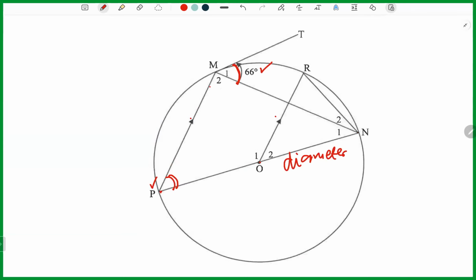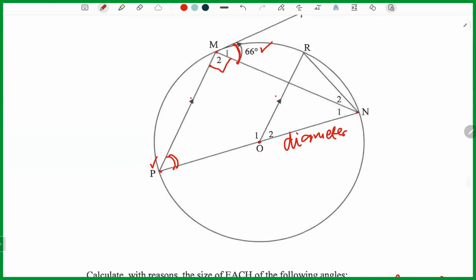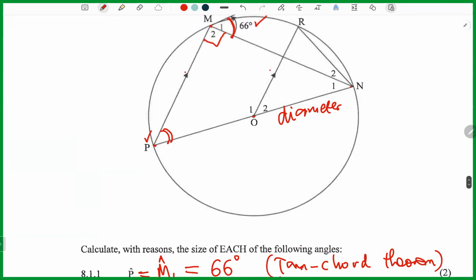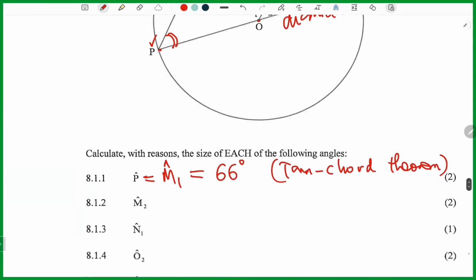A diameter will always subtend an angle of 90 degrees at the circumference, because this angle M is an angle at the circumference subtended by a diameter. So angle M2 is 90 degrees. Why? Because it is an angle in a semicircle.